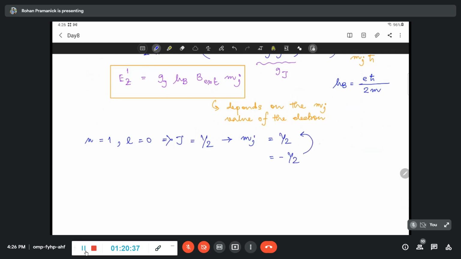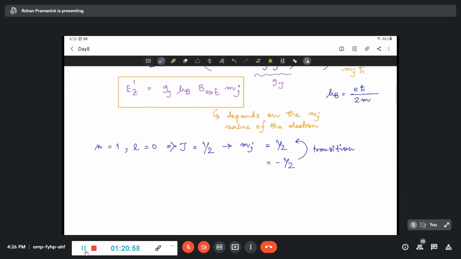So there is this transition that can happen depending on the specific value of the external magnetic field you supply as a source.